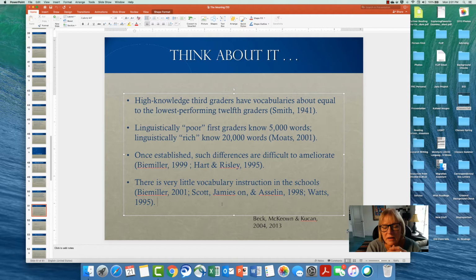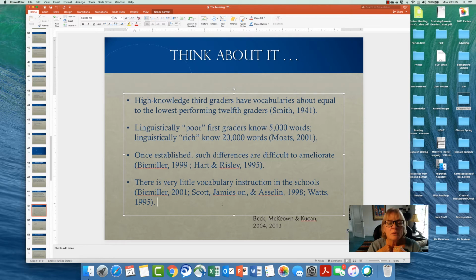So a couple of things that I want you to think about. Isabel Beck and her colleagues are some of the preeminent scholars in vocabulary instruction. Those are often the sources that I go to first for questions about vocabulary, and some of this information is summarized from them.